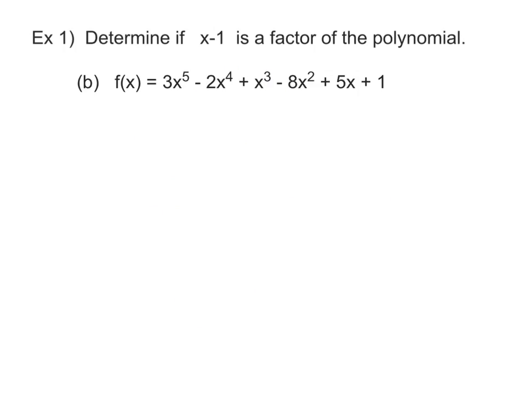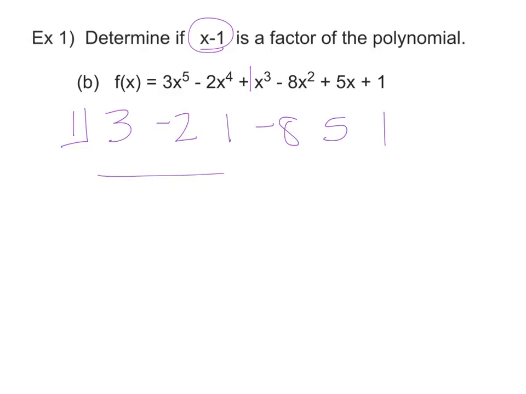Let's try another one. For this one, again, I want to determine if x minus 1 is a factor, so I'm going to put 1 in my box, and I'm going to go down. So 3, negative 2, 1, negative 8, 5, and 1. Because keep in mind, if there's nothing in front, it's a coefficient of 1.